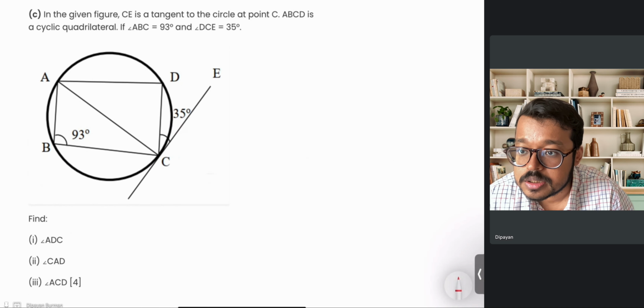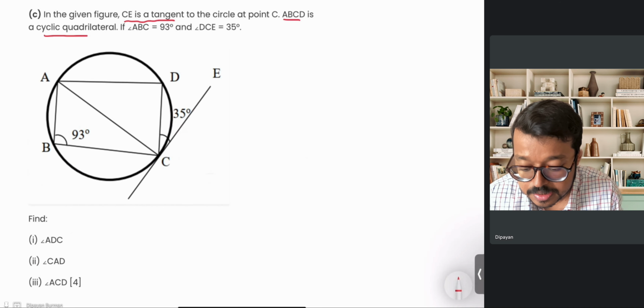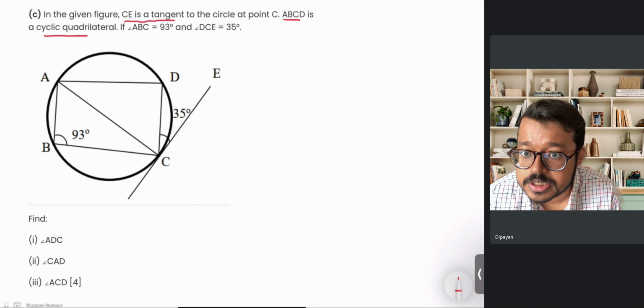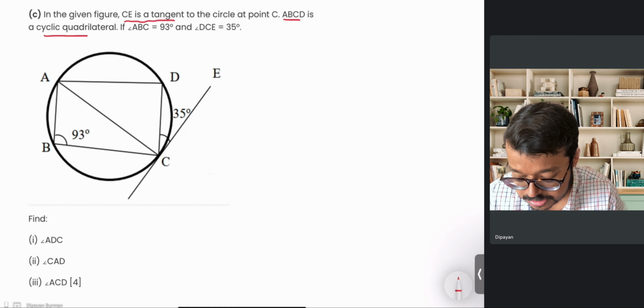In this question, CE is a tangent and ABCD is a cyclic quadrilateral. Then there are two other angle measurements which are given, angle ABC and DCE. We have to find these three missing angles. First, let's look at angle ADC.